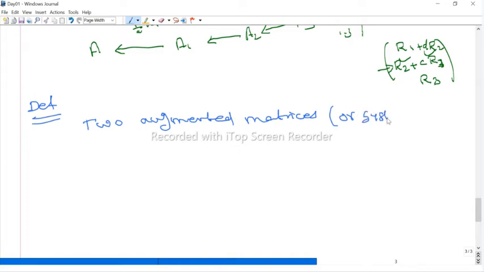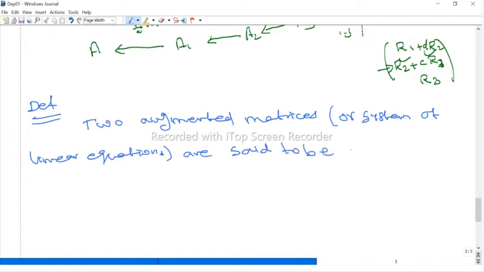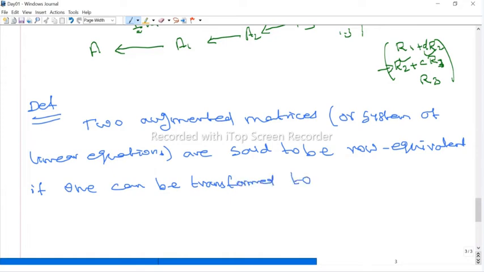Two systems of linear equations, or two augmented matrices, are said to be row equivalent if one can be transformed to the other by a finite sequence of elementary row operations.